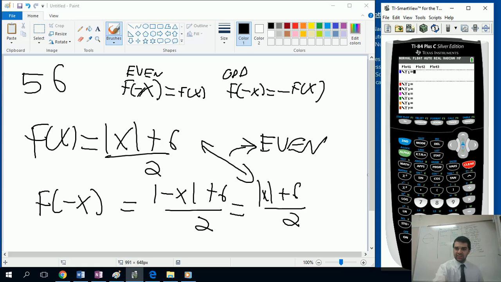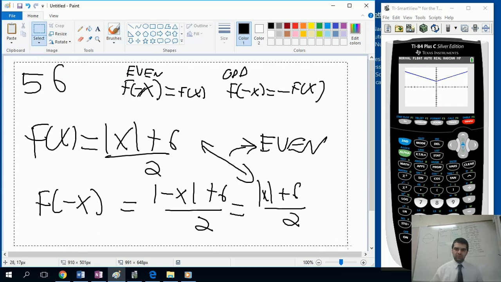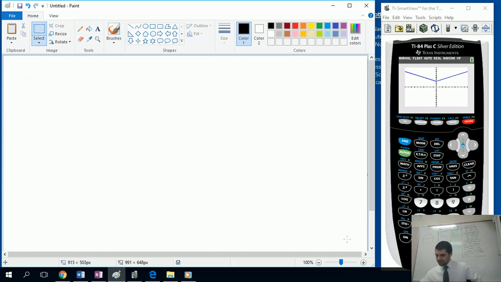Oh my god. Absolute value of x plus 6 over 2, graph that. Absolute value function, you have that reflection across the y-axis, so it's even. All right.